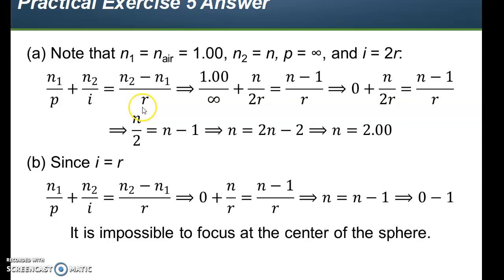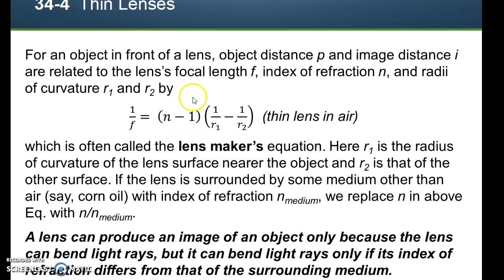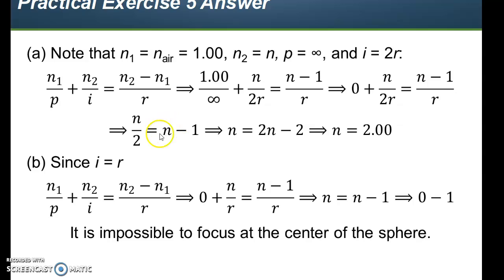Essentially what you've done is you've just taken the r's out, you multiply both sides through by r, which gives you this equation right here. So n equals 2n minus 2, or n equals 2.0. For part B, if i equals r, you then have this right here, so it's 0 equals minus 1. It's impossible to focus at the center of the sphere. That's what that one turns out to be.